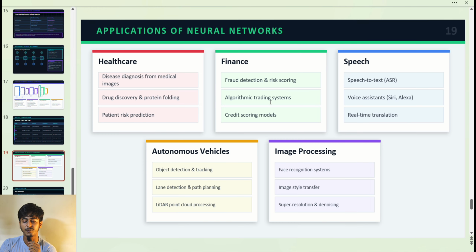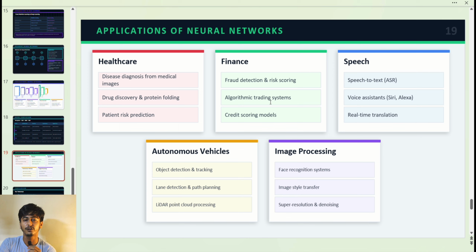So next we will see the applications of neural networks. The impact of neural networks is visible across every major industry. In healthcare, we are seeing drug discovery timelines slashed and diagnostic accuracy improved through medical images.